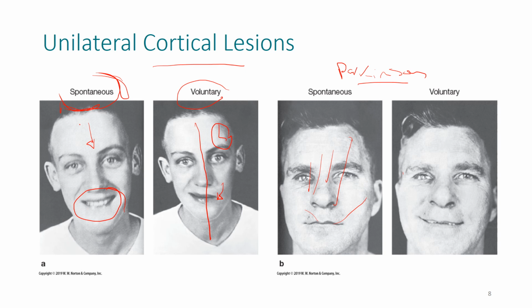When these patients are told to smile, the voluntary one, the face lights up because the other pathway is intact. So here, the voluntary pathway is good, and the spontaneous is damaged because of Parkinson disease, okay?